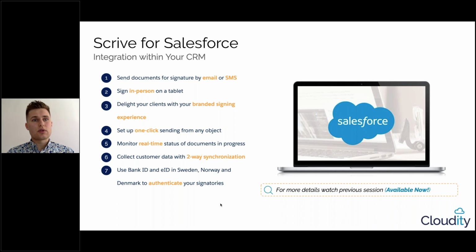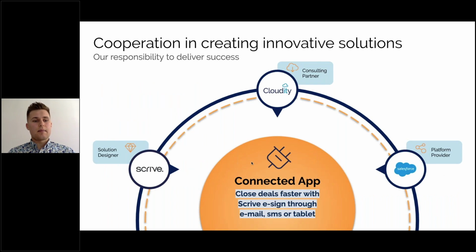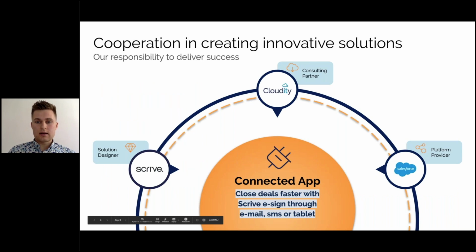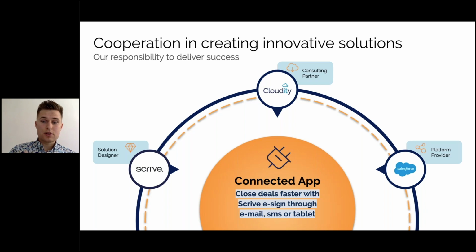And now I would like to tell you more about how it all started. The cooperation between Scrive, Cloudity, and Salesforce resulted in a unique application that seamlessly brings Scrive's achievements to Salesforce. As Ivan from Scrive has already mentioned during the last session, the perfectly integrated functionality of the app in the platform helps you to manage the entire e-signing process from start to finish.